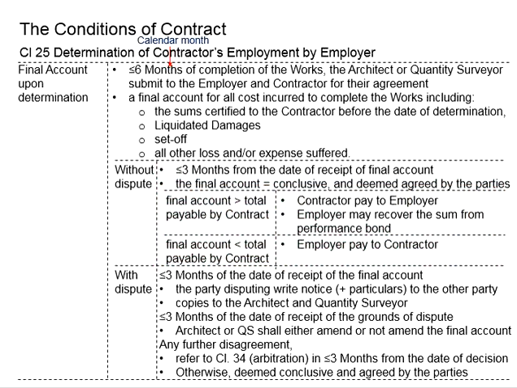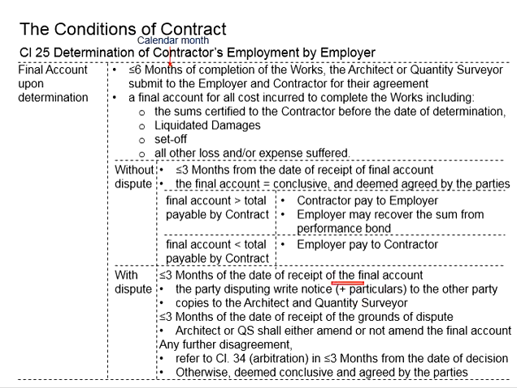Now, let's say within these 3 months, one of these parties disagrees with the final account. That means there will be a dispute in terms of the final account. Within 3 months of the date of receipt of the final account, the disputing party will need to write a notice to the other party raising the dispute.